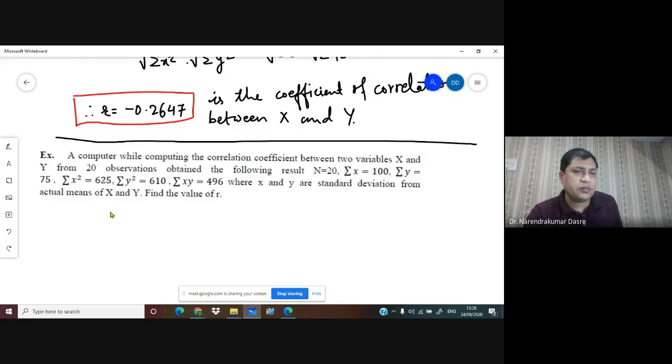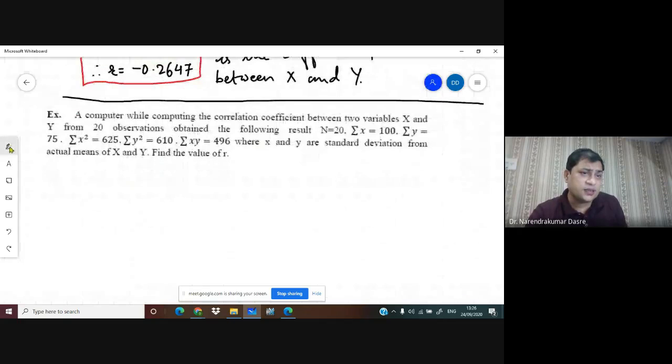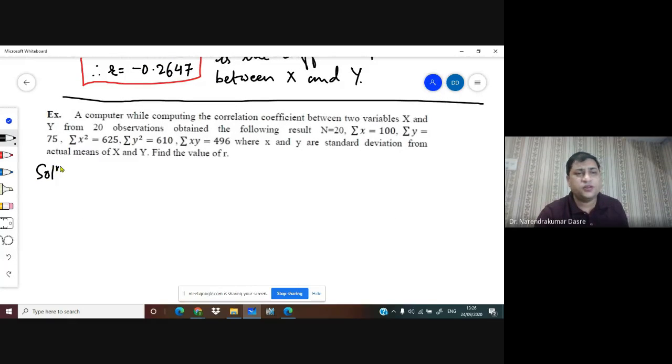So if you remember the first formula that I have given to you, see the first formula. So here is the solution for this problem. We don't have to process the data, so we write the data that is given to us. n is given to be 20.